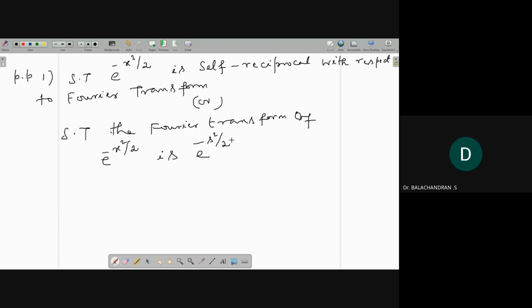So the solution is very similar to the previous problem. That's why I gave it as a practice problem. So try. Suppose you don't get the answer, please refer to the book.